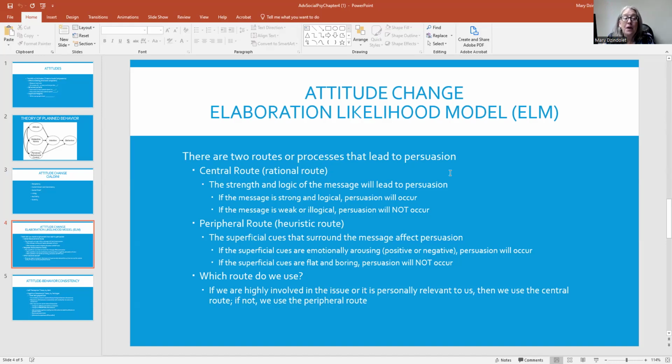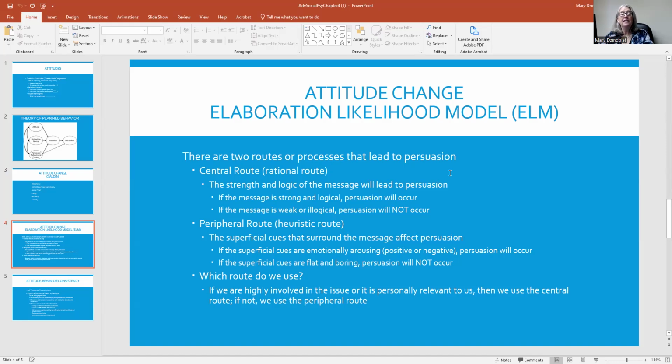So all that work we put you through to be good at writing them, if you're trying to persuade someone, not just write but speak and everything else, but you are trying to persuade someone who's using their heuristic route, their peripheral route, is a complete waste of your time and energy to write something logical and consistent and strong, because they're not even going to be looking at the message. They're just going to be focused on the superficial cues that surround the message.